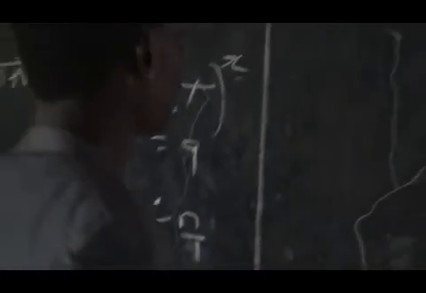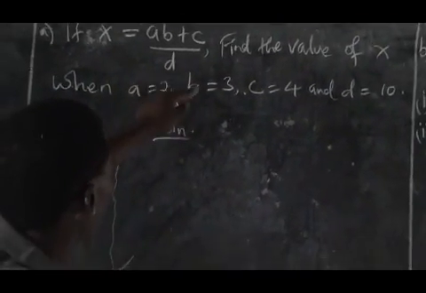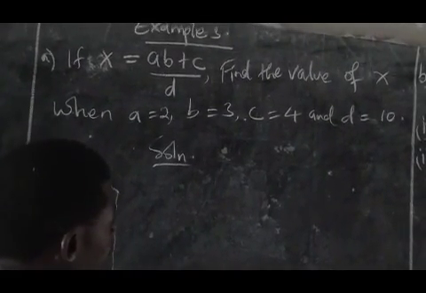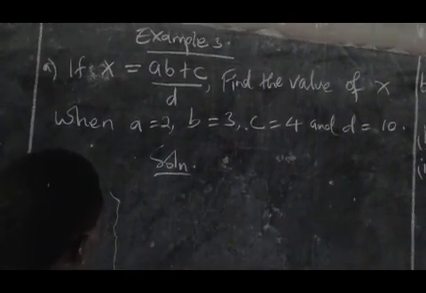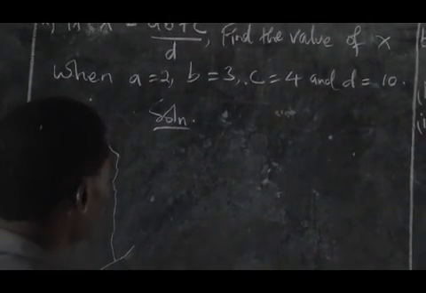Let's go to example 3. Example 3 is saying if x equals AB plus C out of D, find the value of x when A equals 2, B equals 3, C equals 4, and then finally D equals 10.